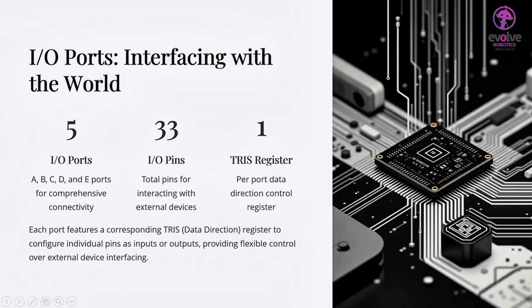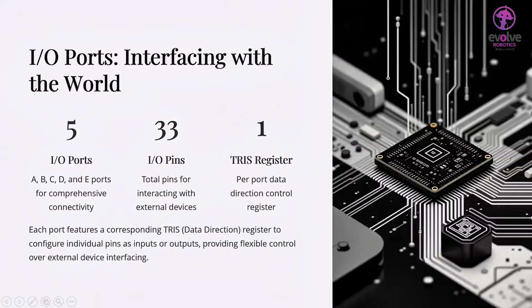The total number of pins in 16F877A is 40. Out of these 40 pins, 33 pins are input-output pins. These 33 pins are divided into different ports. There are 5 ports. They are A, B, C, D and E.